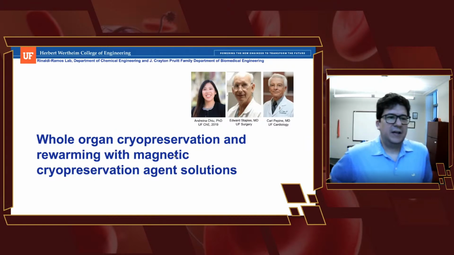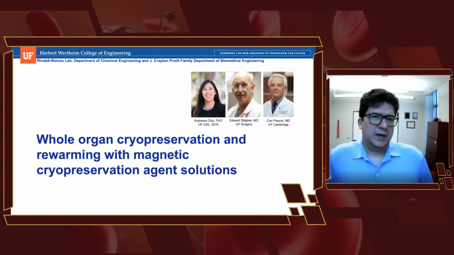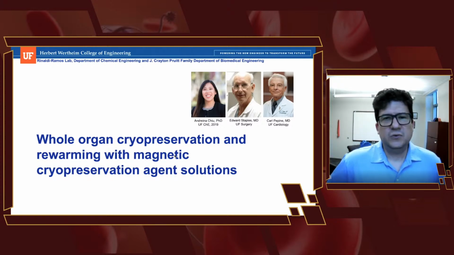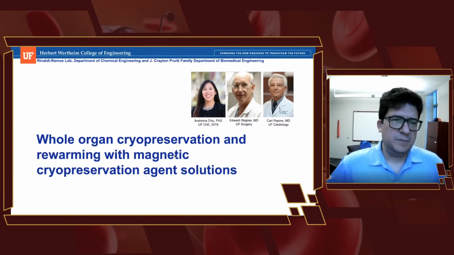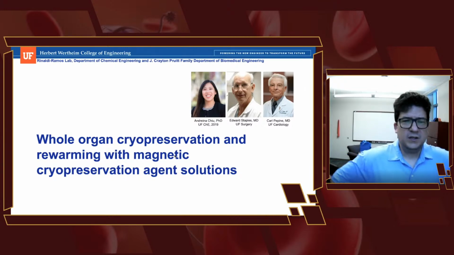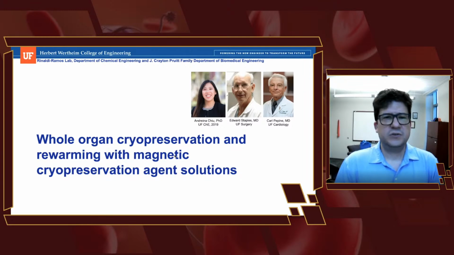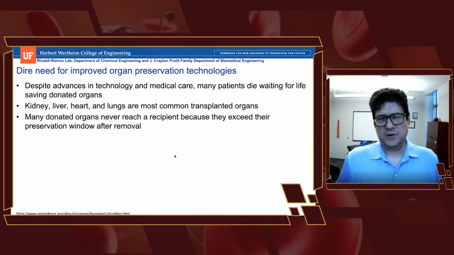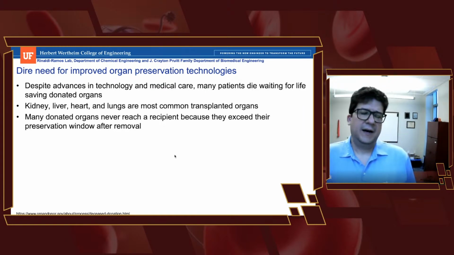And so for the last topic today, I'm going to shift gears from cancer and talk about how we can use magnetic particle heating and also MPI. I'm going to illustrate how MPI can be leveraged here for whole organ cryopreservation and rewarming using magnetic cryopreservation agent solutions. And so there is a dire need to improve organ preservation technologies.